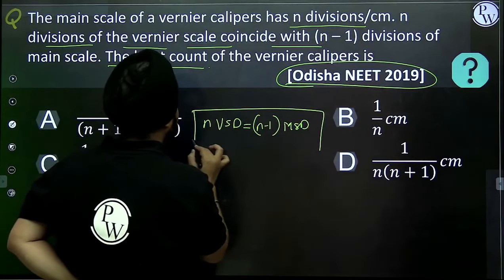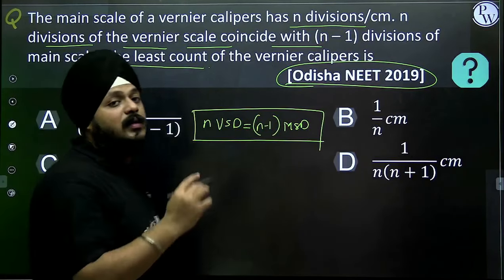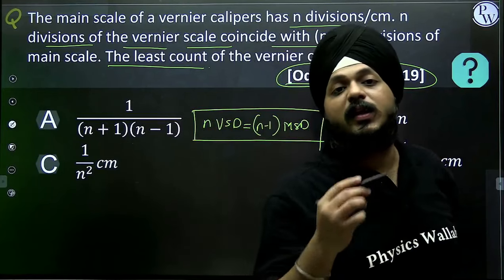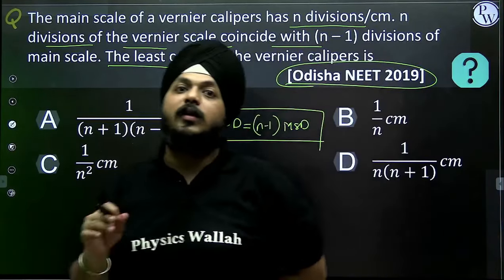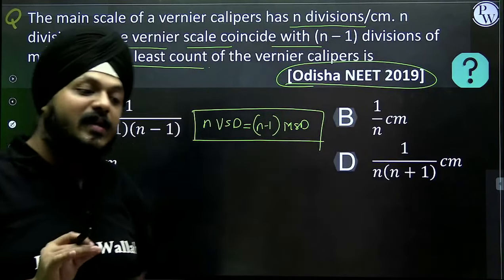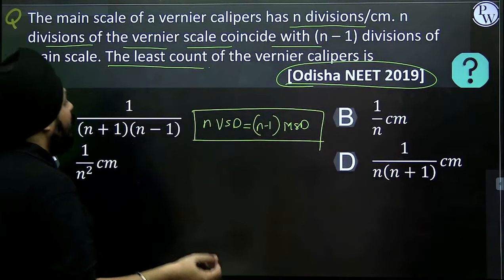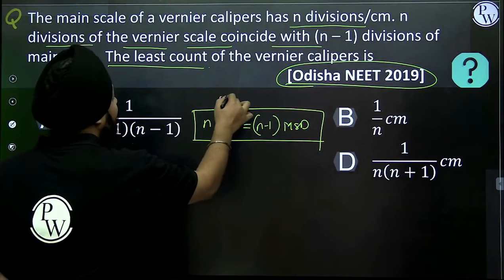This data is given. Now we need to calculate the least count. Another name for the least count is Vernier constant. Theoretically, in this syllabus, we consider Vernier constant and least count the same, but actually there is a bit of difference.